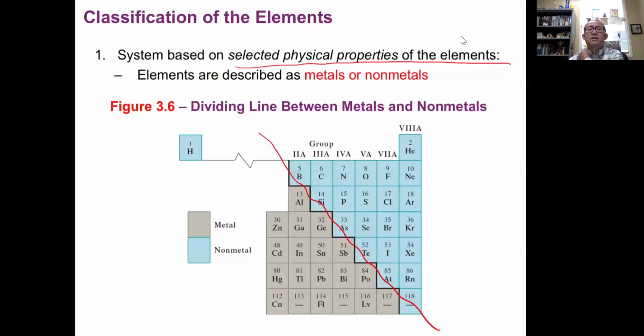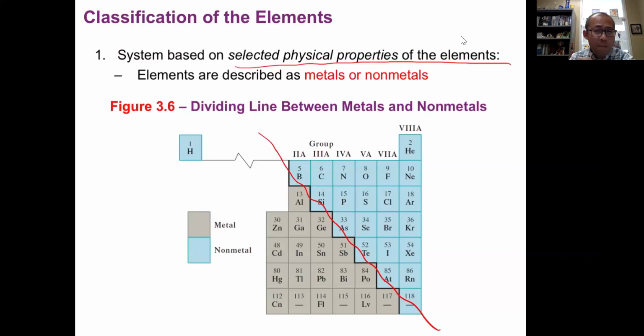The reason we have two or three big categories is that the elements on the line, like silicon, Ge, arsenic, and so on, sometimes bear the properties of both metals and non-metals.